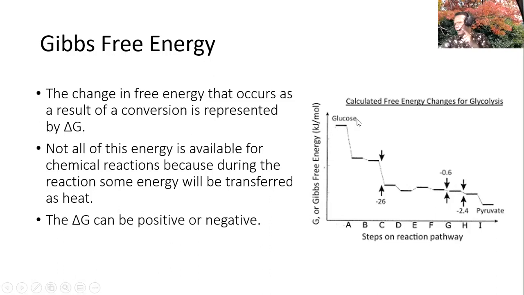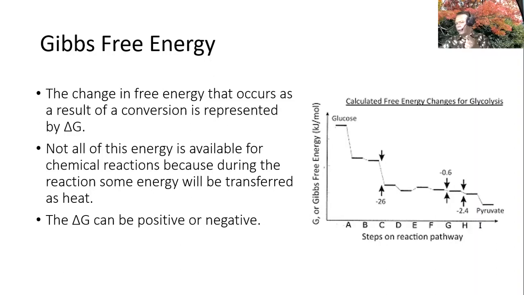Then this glucose will convert into pyruvate. Let's discuss about this Gibbs free energy. Not all of this energy is available for chemical reaction because during the reaction, some energy will be transferred as heat.